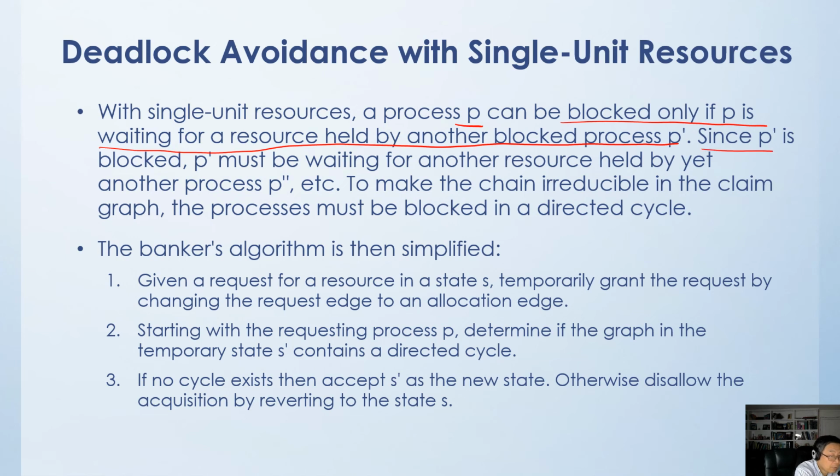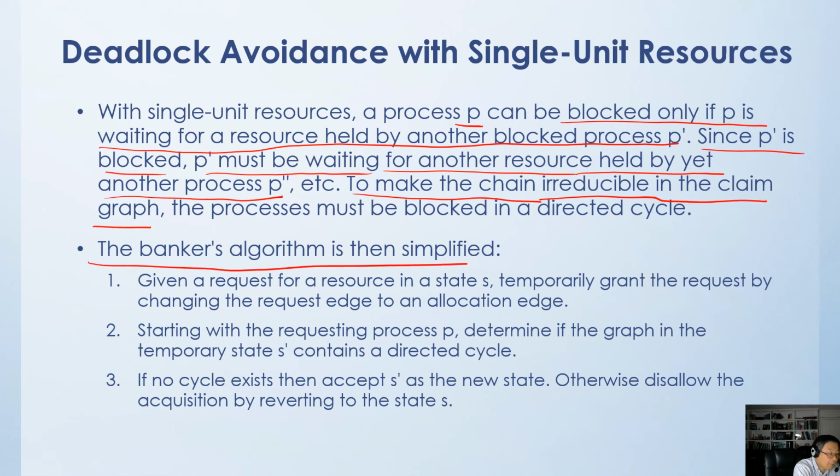Since P prime is blocked, P prime must be waiting for another resource held by yet another process P double prime. You can keep going like this, and eventually, to make a chain irreducible in the resource claim graph, the process must be blocked in a directed circle.